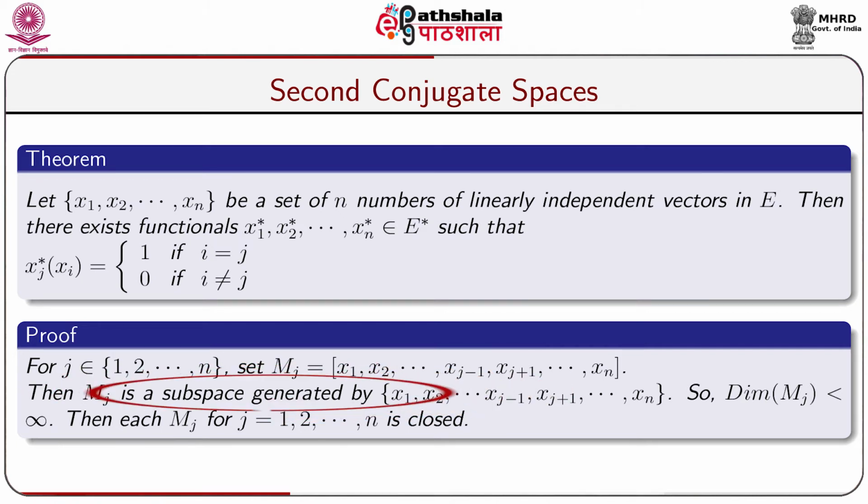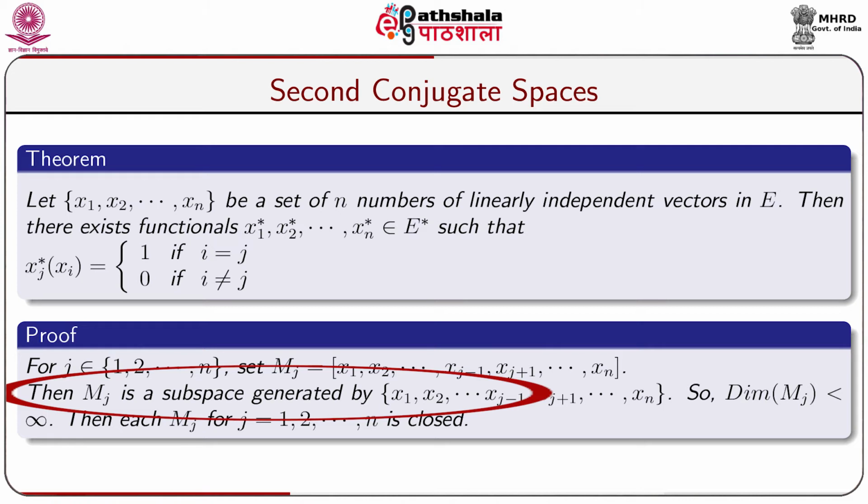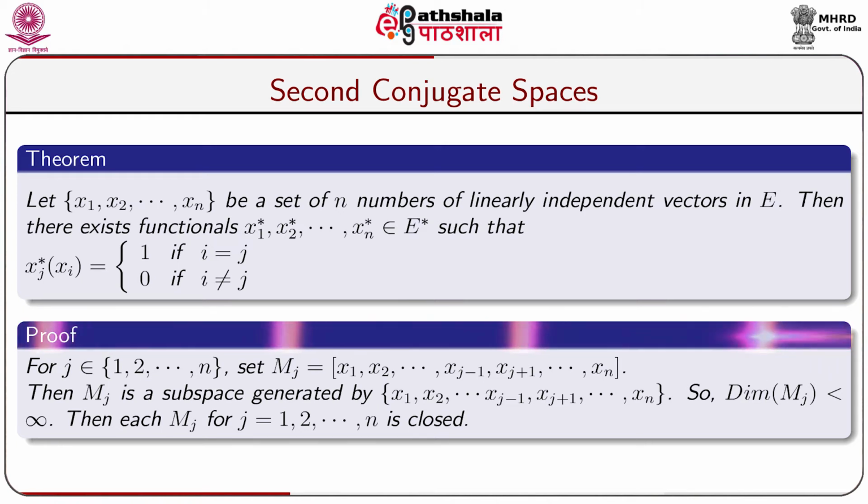That means Mj is a subspace generated by all elements x1, x2, ..., xn excluding the element xj. So, the dimension of Mj is strictly less than infinity, that is, the dimension of Mj is finite. Then each capital Mj for j equal to 1, 2, ..., n is closed.